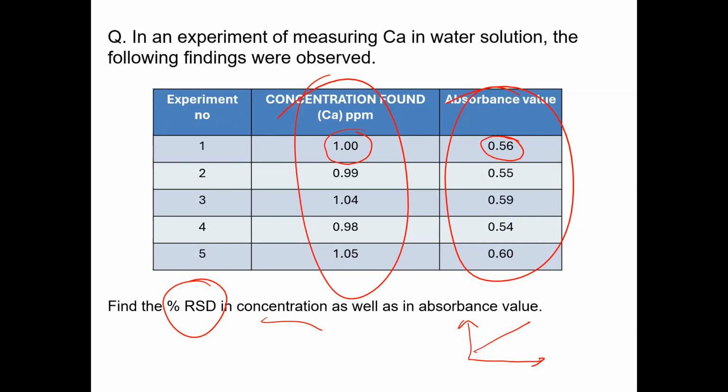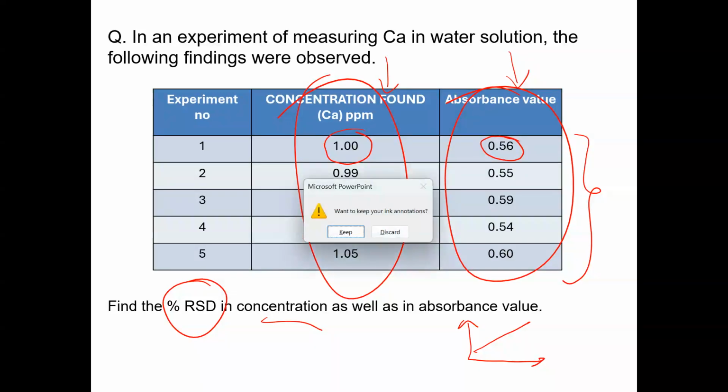So these readings are taken. This is basically a repeated experiment, 5 replicates for the same unknown solution. So you have to calculate the percentage RSD value in concentration and absorbance also.